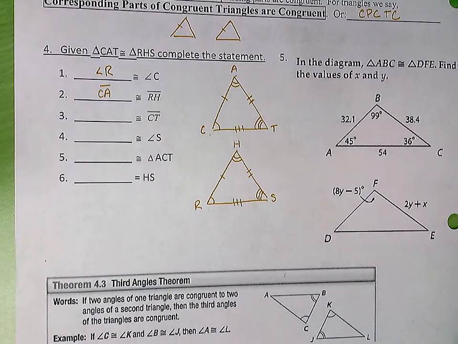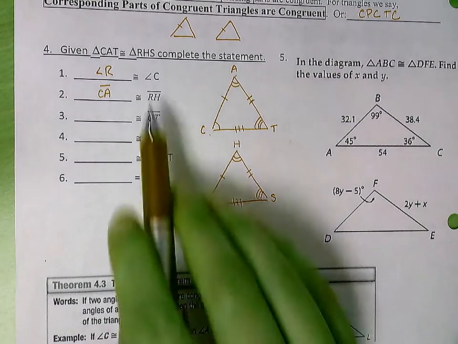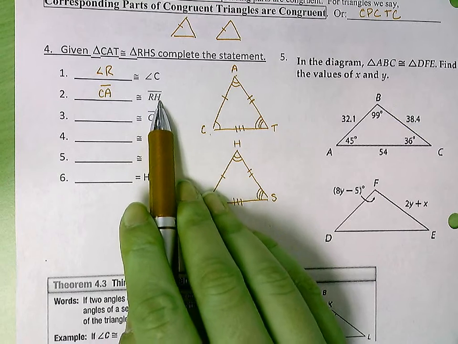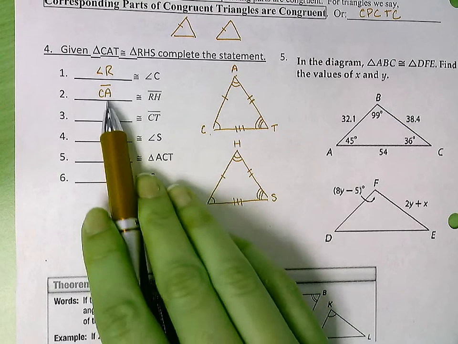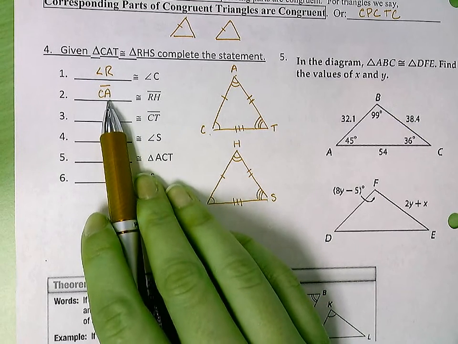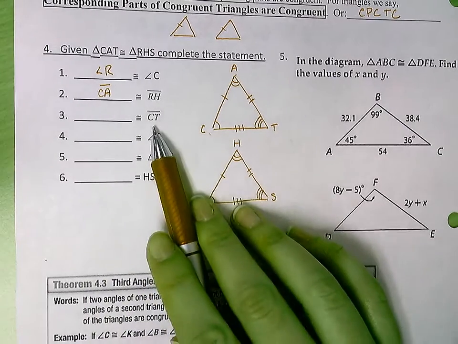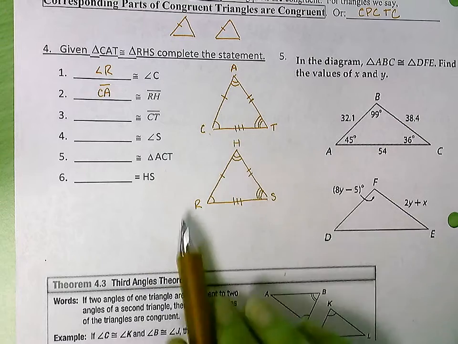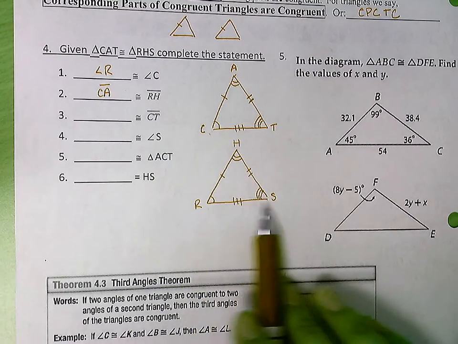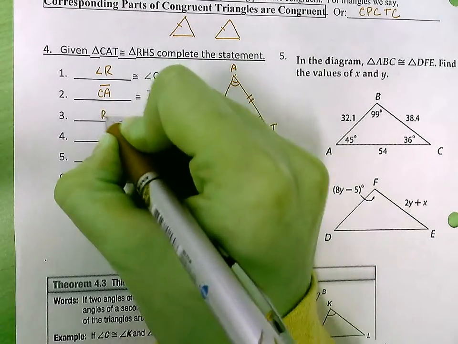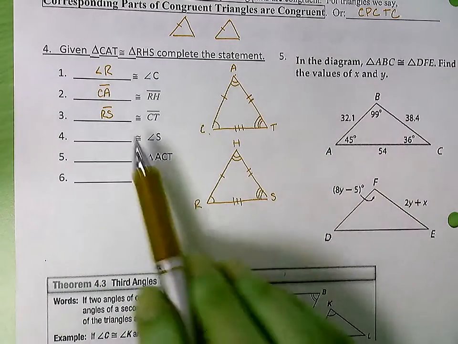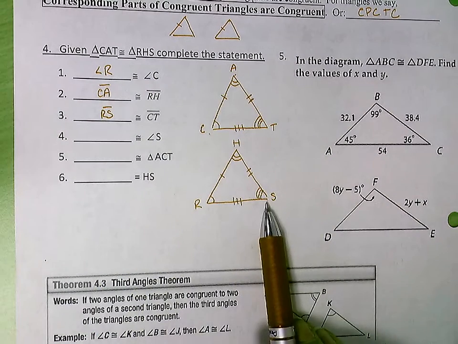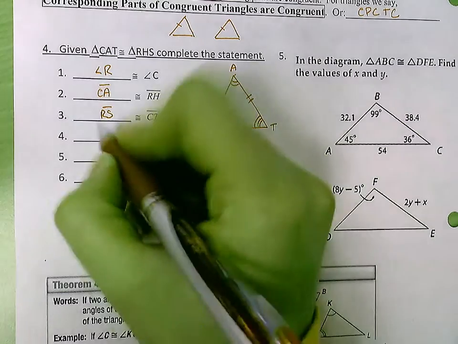Make sure you put that segment bar above the top, since that's what we're working with here. You have a segment bar in RH, so you need a segment bar in CA. My next one is CT. That's this side. That same side is RS. Then we have angle S. That's congruent to angle T.